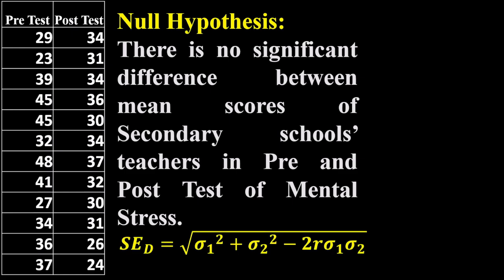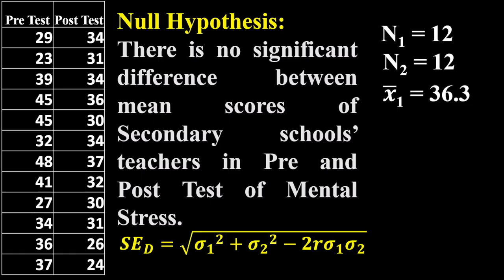First of all, SED, the standard error of difference between means, we have seen earlier, and the basic values we need are: N1, that is 12, the number of observations in the first group; N2, the number of observations in the second group, 12; X bar 1 is 36.3, the mean of the scores of the first group, found by using the normal formula of mean; X bar 2 is equal to 31.6, the mean of the scores of the second group. It is also found by using the normal formula.